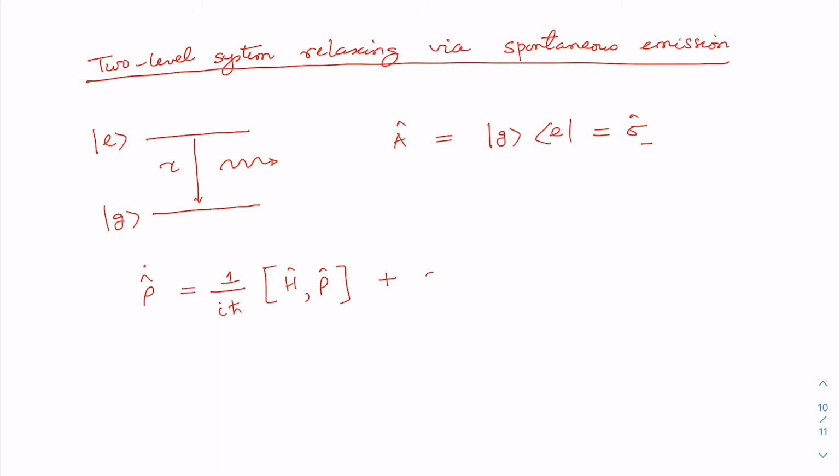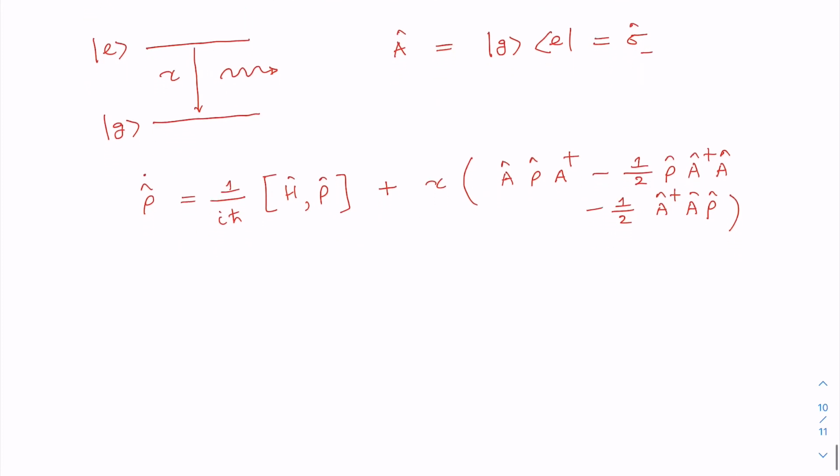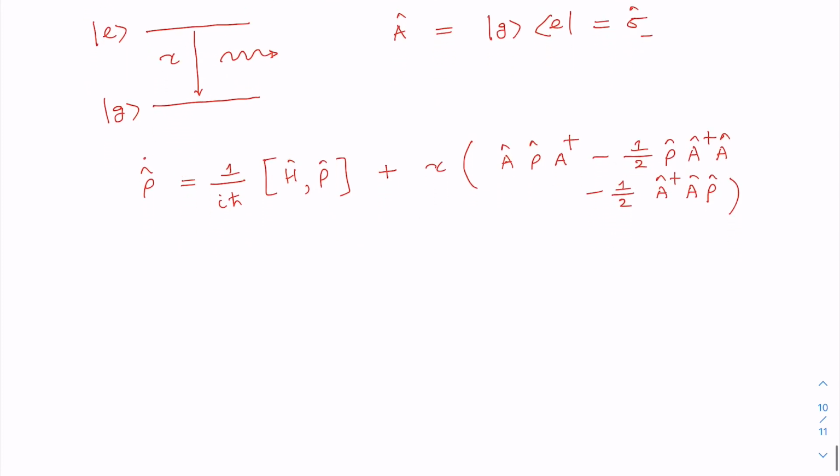The decay rate is gamma, and the form of the master equation, as we have already seen, is gamma times A rho A dagger, minus half rho A dagger A, minus half A dagger A rho. So this is the master equation.